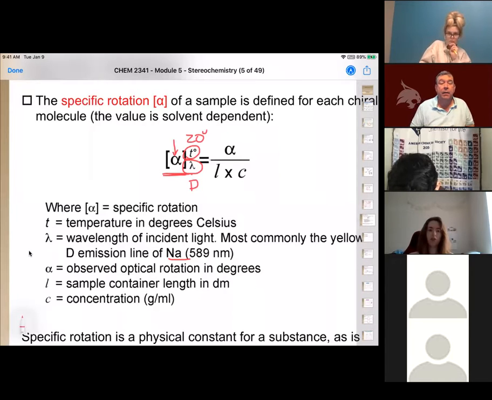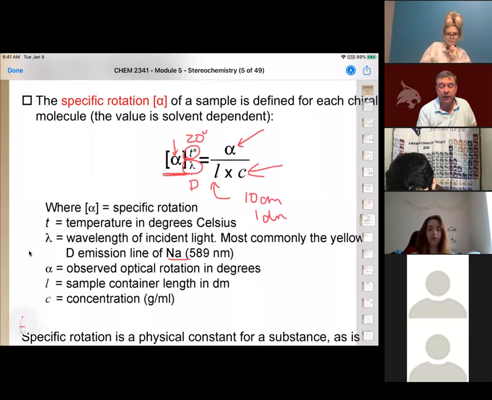And then related to it is the measured rotation, or the observed rotation. This is the length of the cell. Most of the time when we do this, it's 10 centimeters or 1 decimeter. And then we have the concentration in grams per milliliter.